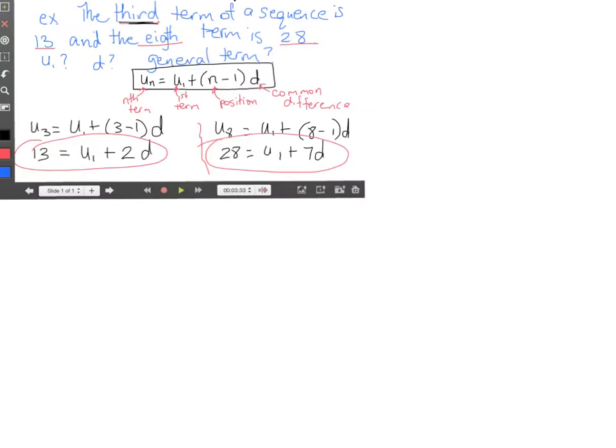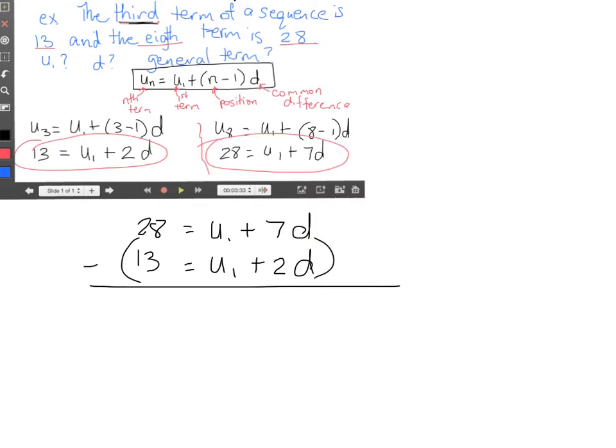Okay, so if we stack both equations one on top of the other, so let's say 28 equals u1 plus 7d, just rewriting here, and 13 equals u1 plus 2d, we can take this entire equation and subtract it from the equation above. We could subtract either equation from each other, but why would we do that? Well, we want to have only one variable, and by subtracting our equations, we are eliminating our u1.